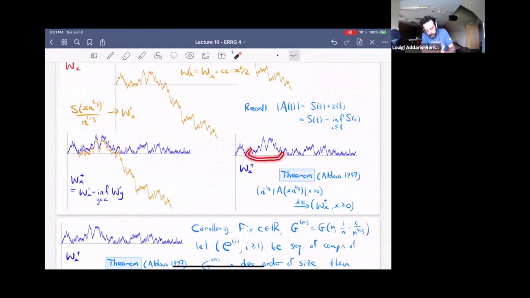So this would be the W_1 excursion. It has its time 0 here, and then it looks like this, right? And this is the W_2 excursion, whatever.